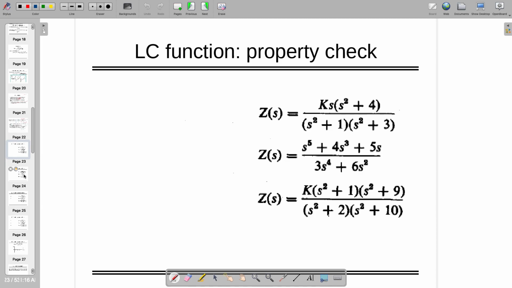You have to tell which property they are failing to match. So the first property says that the ratio is even to odd or maybe odd to even.